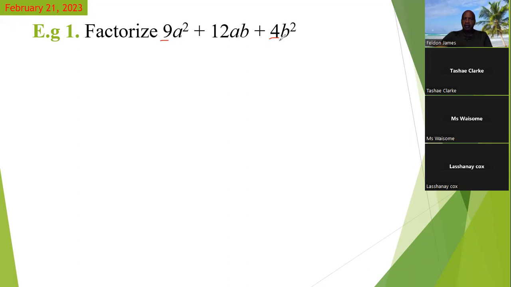So you look at the number in front of the first term and the last term. And obviously you want to look at the variable itself, which is the A and the B, and see if those are square terms. So the A has a square, the B has a square. Obviously, the A and the B, they are squares.